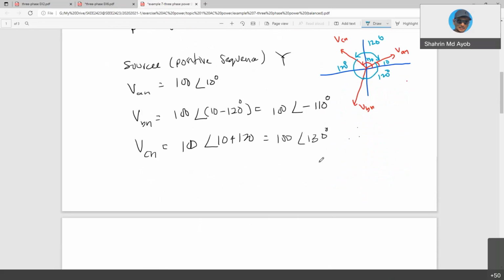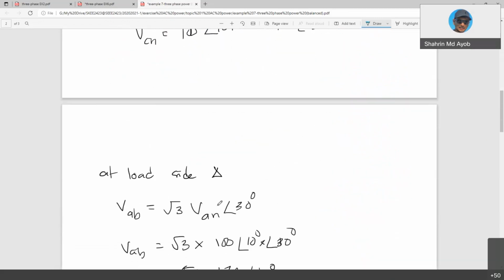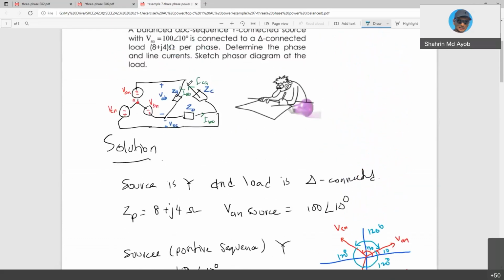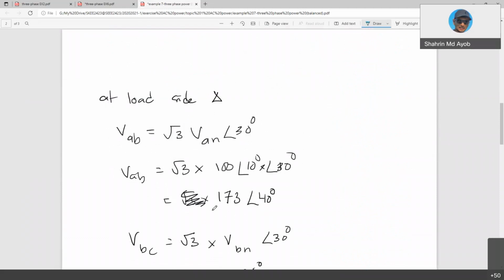This is actually at the supply side. At the load side, for the delta, the V phase and V line are not equal, so you need to convert the phase voltage into a line voltage.